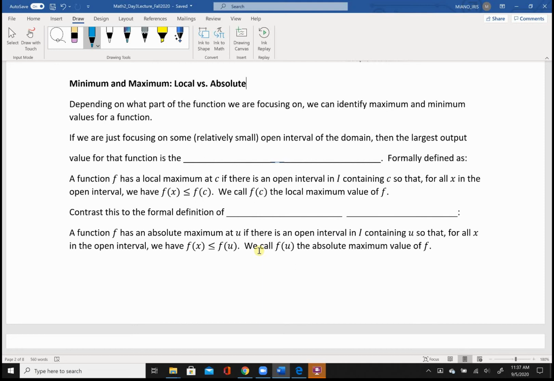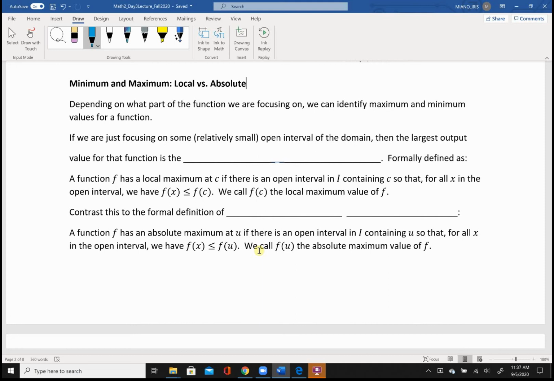I want to have formal definitions at your disposal in case you haven't yet gotten your hands on a book. I also want to give you my overall understanding of maximum and minimum values, local versus absolute, because the way they're defined in the textbook is incredibly similar and a little bit confusing. So let me get you oriented on what you see on the screen.